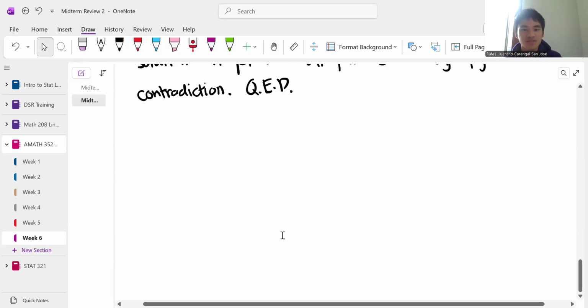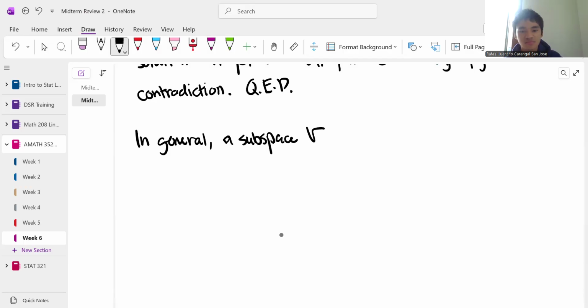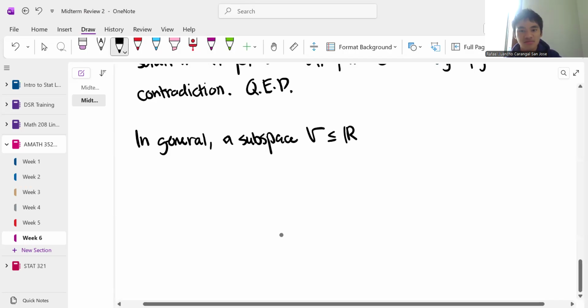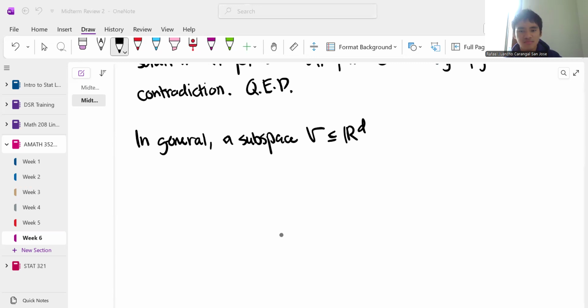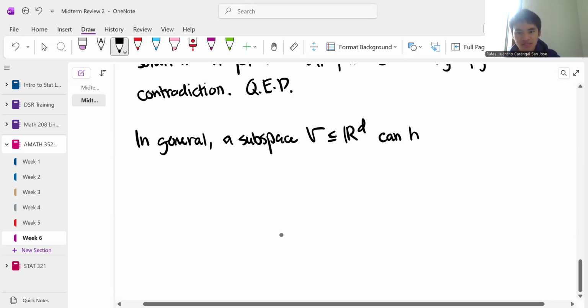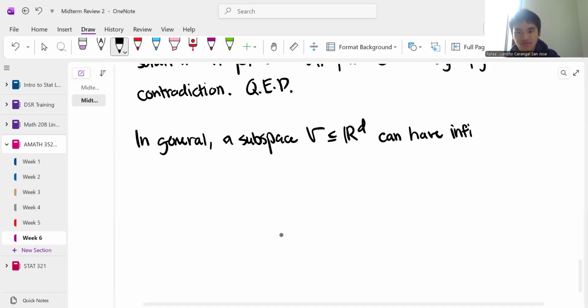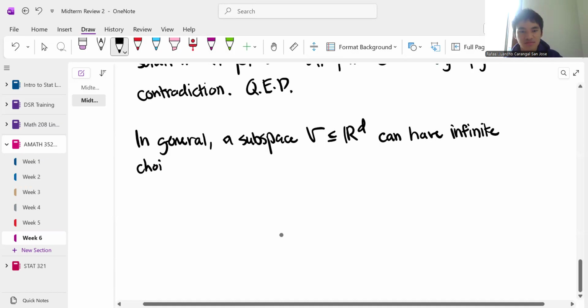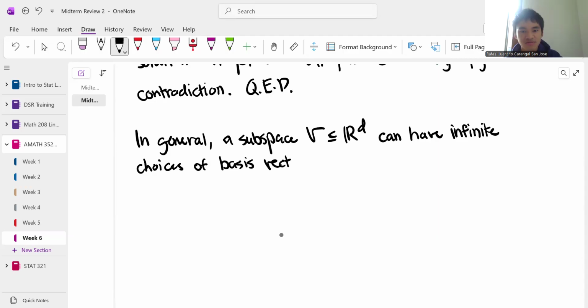Okay. So in general, when we have a subspace that's in R^d, this subspace can have infinite choices of basis vectors.